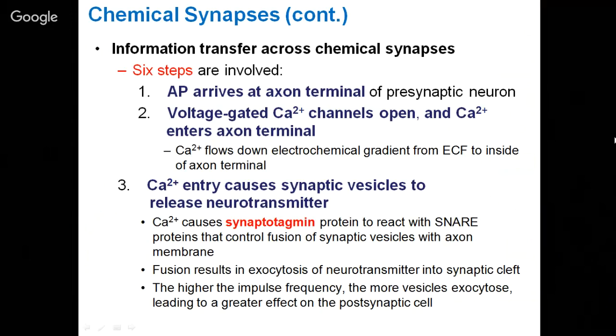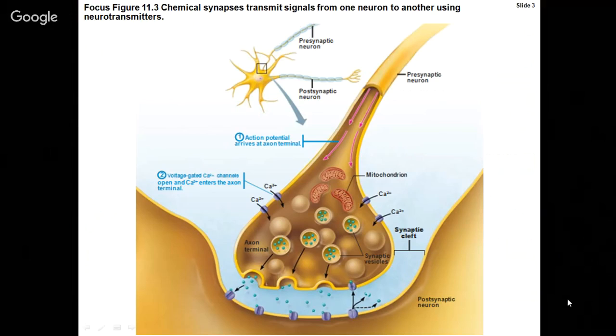What is happening is these vesicles go and fuse with the presynaptic membrane, and they release the neurotransmitters into the synaptic cleft.